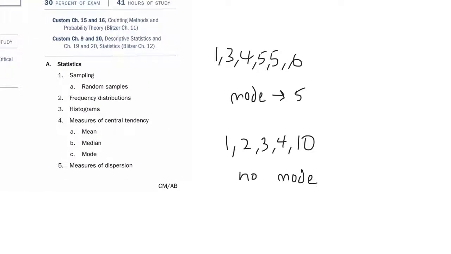And if we had something like this, then the mode would be plural because we have 2 modes, 2 and 3, because 2 shows up twice and 3 shows up twice. All right, so the mode is the number that shows up the most, and 2 and 3 would work in this case.